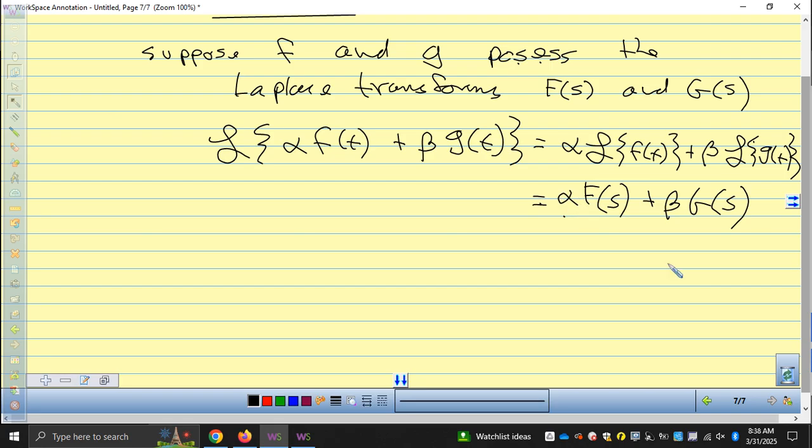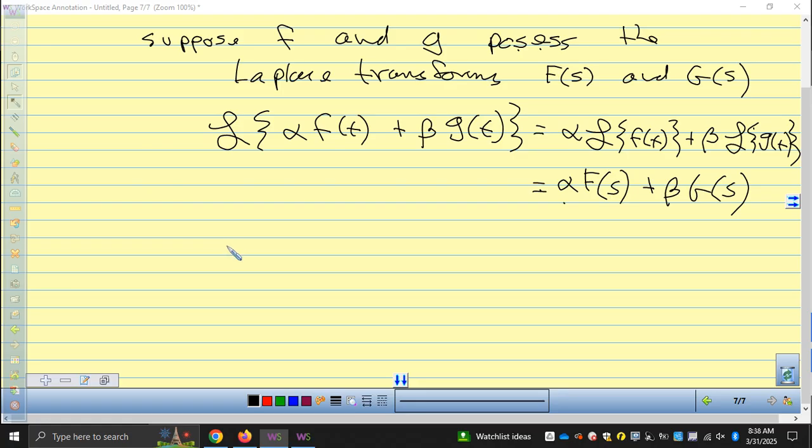And we can use this for any number of terms that we have. So the Laplace transform of a sum is the sum of the Laplace transforms. So for example, we want to find the Laplace transform of 3 minus 7t.